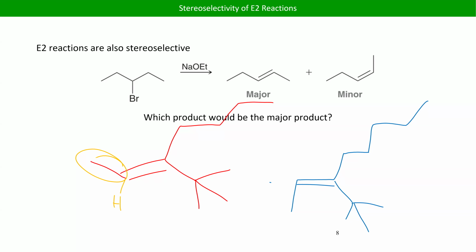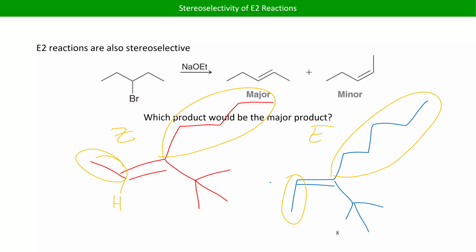Carbon and carbon is a tie. Go one step further, carbon and carbon, a tie. The next step is a hydrogen versus another carbon, so this has the higher priority. They're on the same side, so that's Z. Versus on this one, our priority is down and up, so they're on opposite sides, so that's our E.